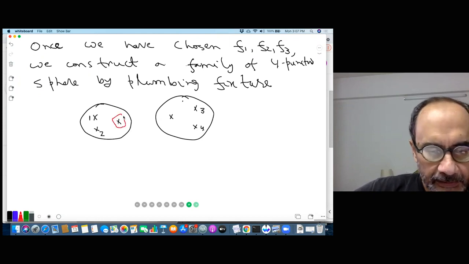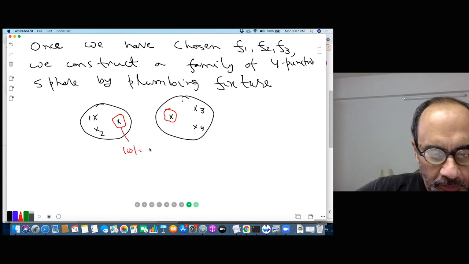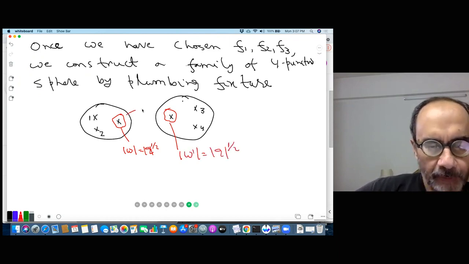So you take mod w equal to |q|^{1/2}, mod w' equal to |q|^{1/2}, and then glue them.